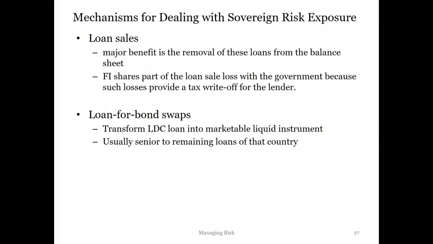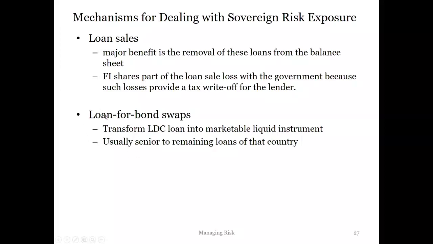And a couple of things banks can do if their foreign sovereign debts are in default. One thing is the bank could say, well, I'm going to sell the loans to someone who is willing to buy. Of course, you will need to sell it at a deep discount, and sometimes you may not be able to sell it anymore, but it's still an option.